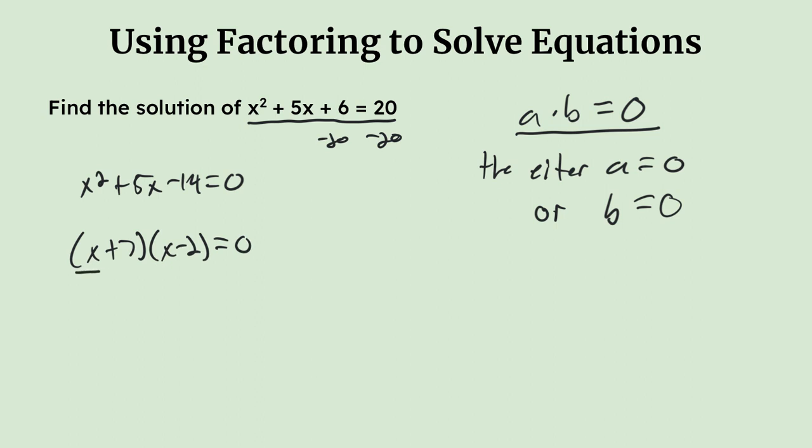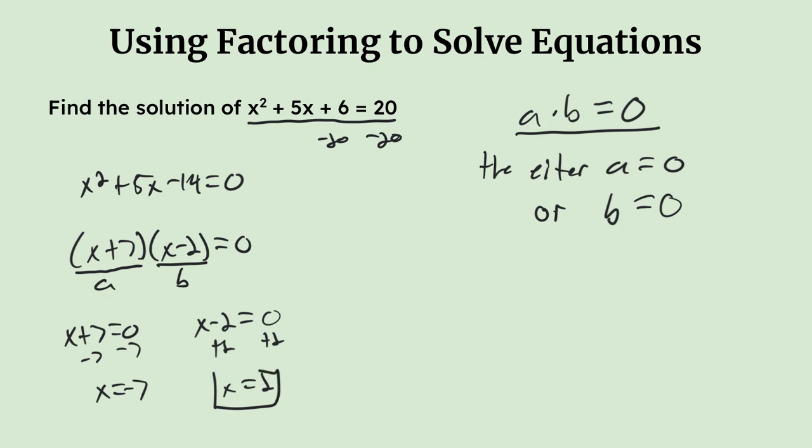So this now is like our a, and this is our b being multiplied together. So either x plus 7 equals 0, or x minus 2 equals 0. We solve these separately. Here we subtract 7. We get x equals negative 7. Here we add 2, x equals 2. So our solutions are 2 and negative 7.